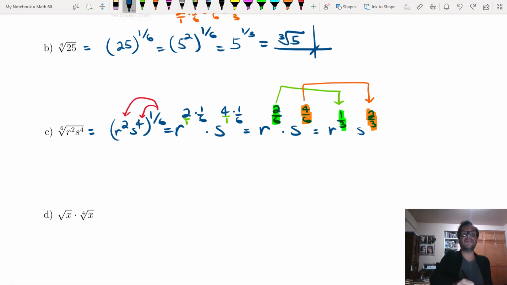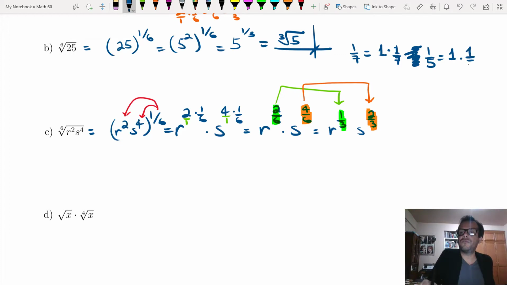When I have, for example, 1/7, this is the same as 1 times 1/7. So basically, I'm doing the multiplication backwards. When I have 1/5, this is the same as 1 times 1/5. Why is that possible?